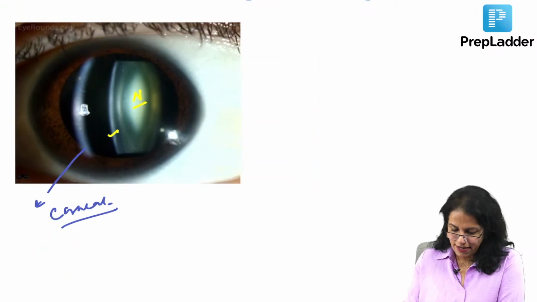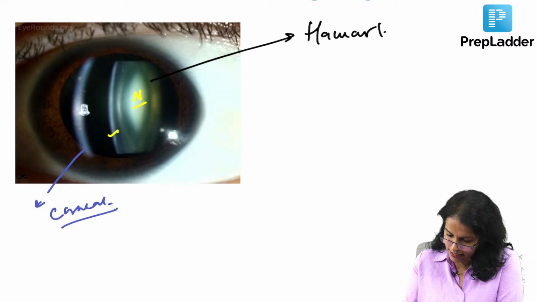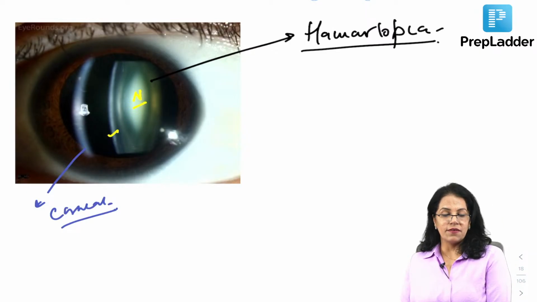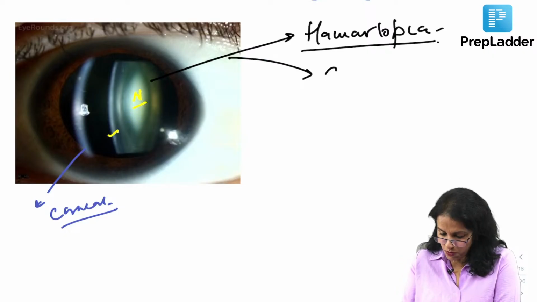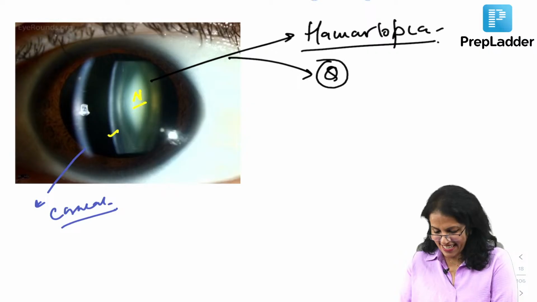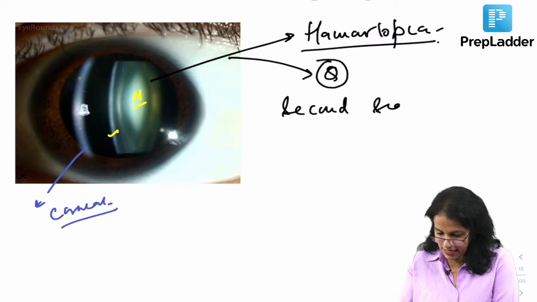Very good, right? So, nuclear cataract is a central cataract, and it is a cause of hemeralopia, that is day blindness. It can lead to difficulty in vision in the daytime, number one. And number two, discussed hundreds of times, is second sight, that is improvement in near glasses.